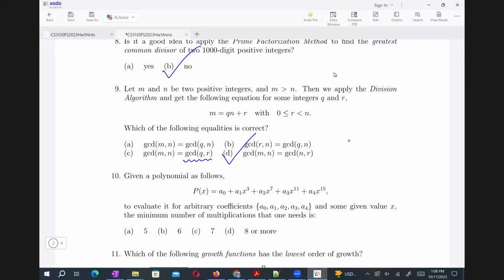The quotient has no effect on the common denominator, common factor, common divisor. Also, the integer part has nothing to do with the common divisor of numerator and denominator in our formula transformation.